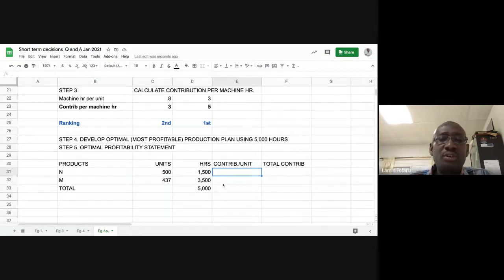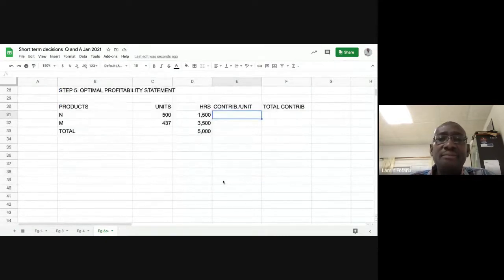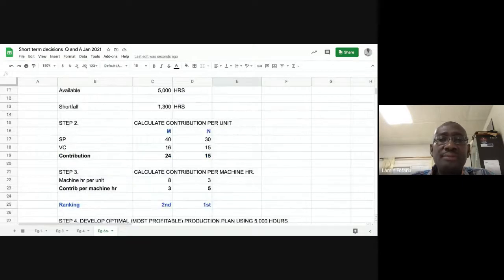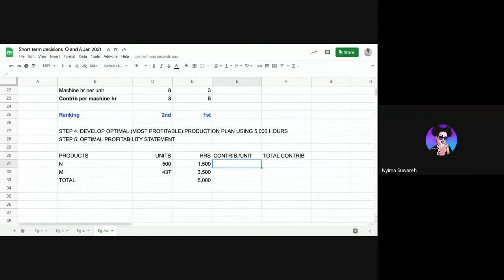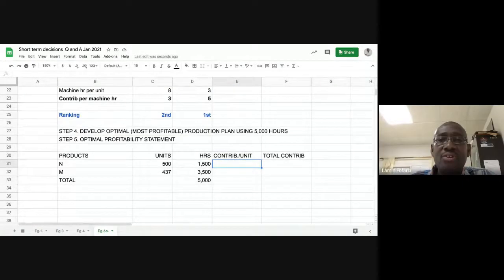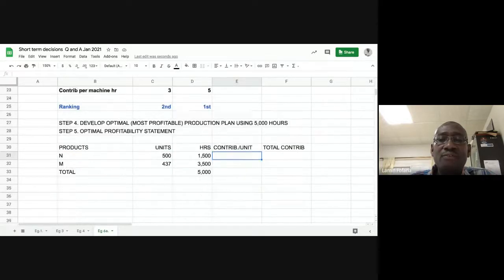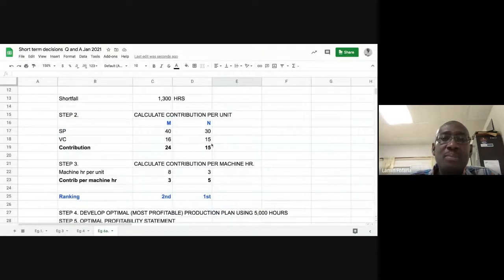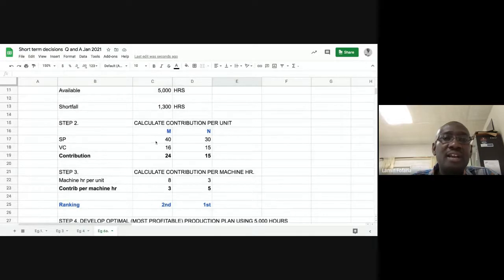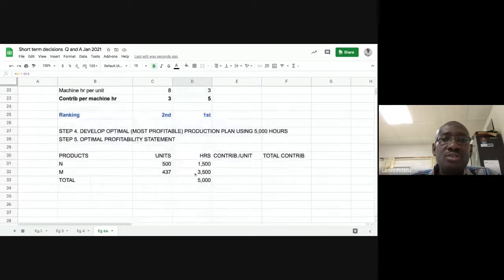What is our contribution per unit for M? It's 15. Okay. Here also we don't have to type. Let's link it, because if we link it, in case there is a calculation error in this contribution we have calculated, once we correct that, this is going to change automatically.